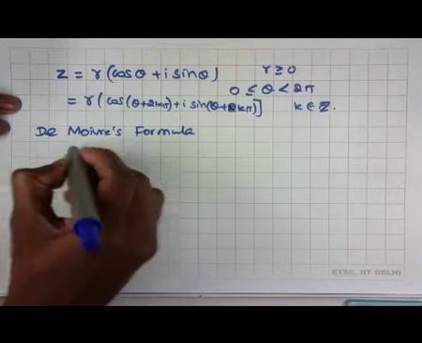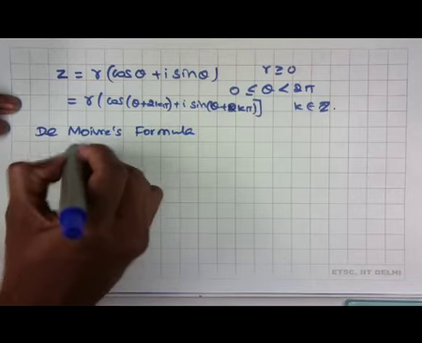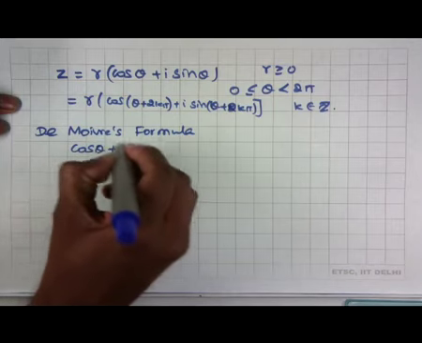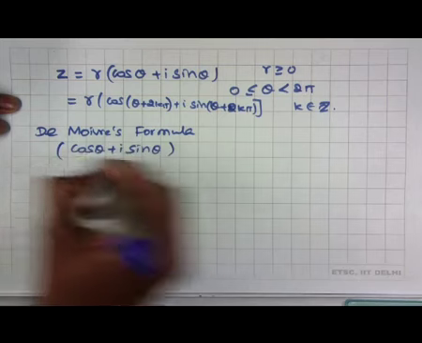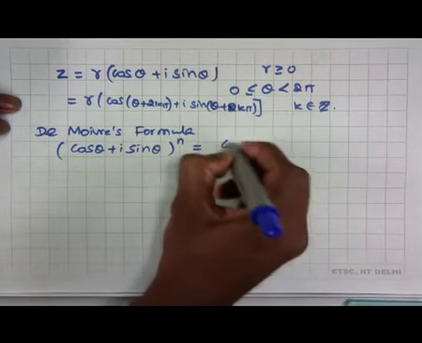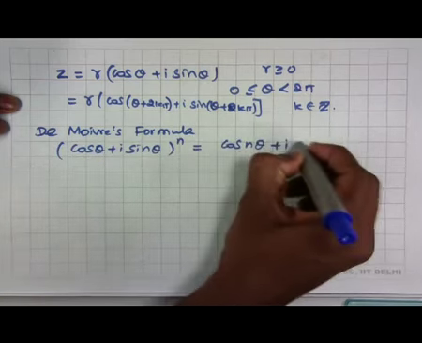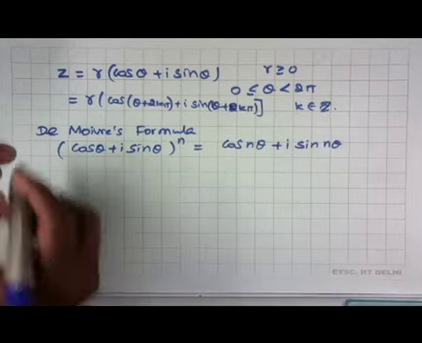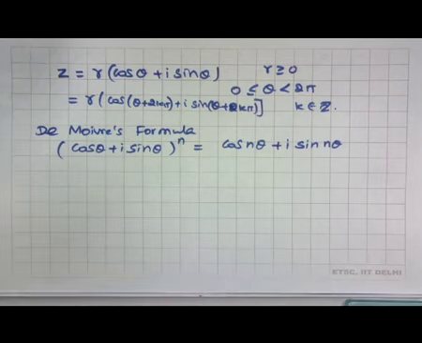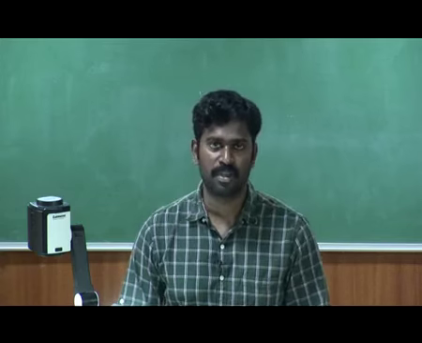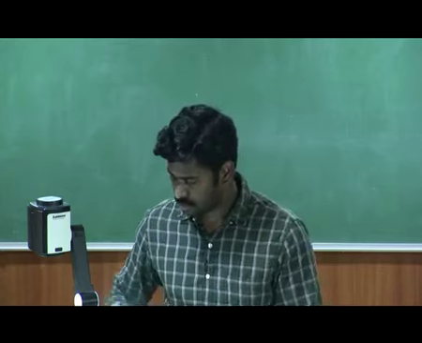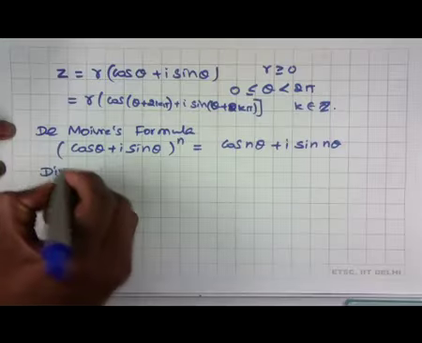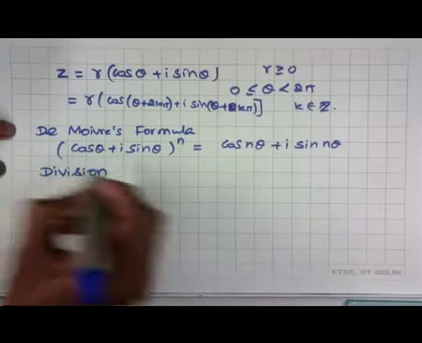We showed that (cos theta + i sin theta) to the power n is cos n theta plus i sin n theta, and we saw at the end that using this relation we derived some trigonometric identities. Now we continue our discussion about division, how we do it using this polar representation.